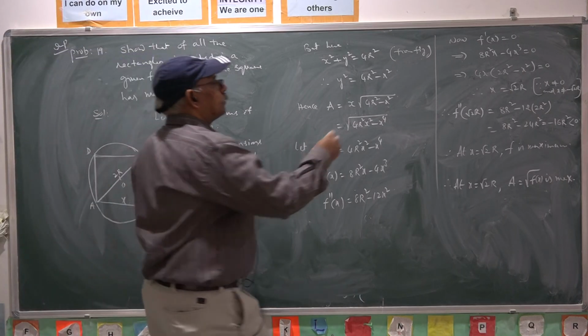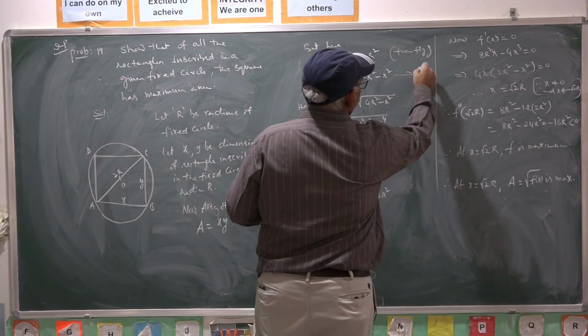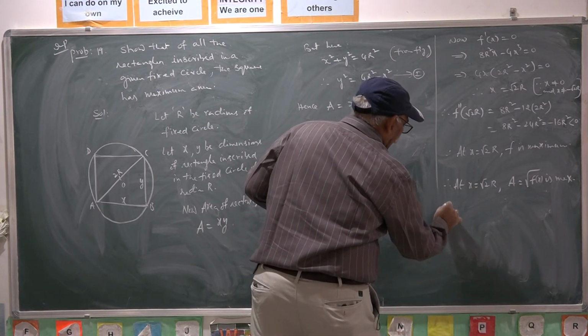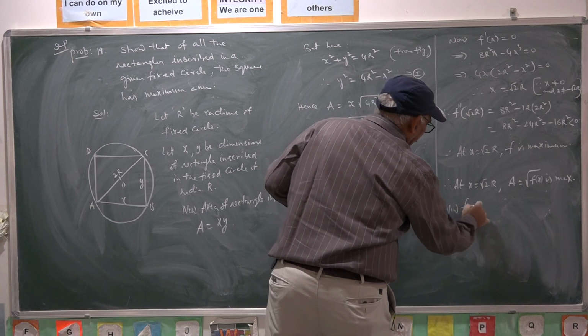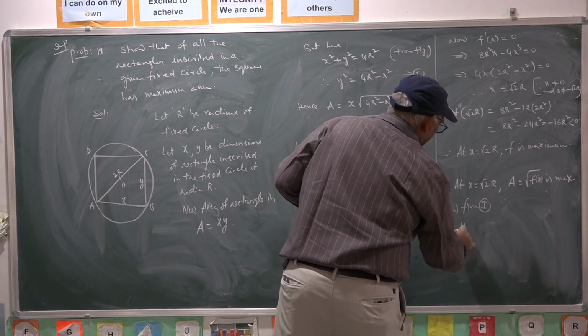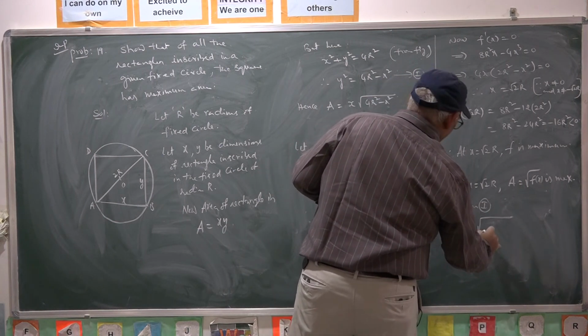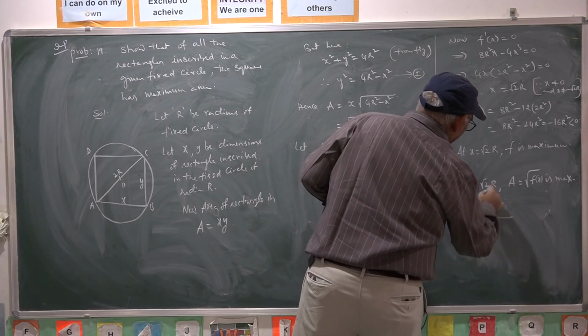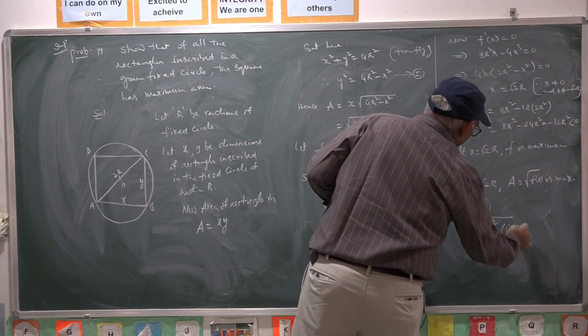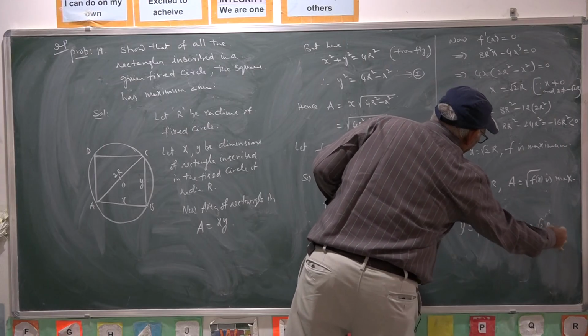In such case, the y value, from the earlier relation, y takes the value square root of 4r square minus root 2r whole square. Again, this is also root 2r.